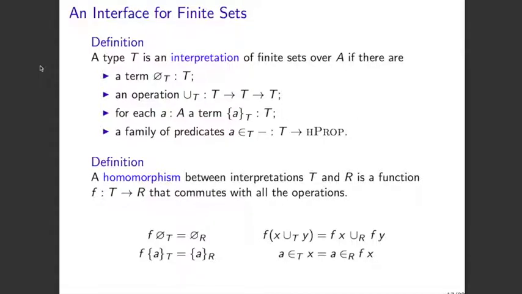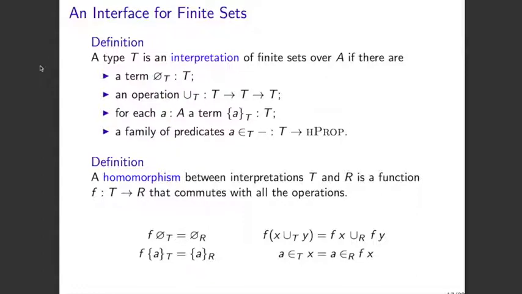We say that the type T is an interpretation of finite sets over A if it satisfies a certain signature. Specifically, the T should contain an empty set, there should be a union operation on T, and for each A in the type A, we need a term singleton A belonging to the T. In addition, for each A in the type A, we require a predicate A belongs to, which signifies the membership predicate.